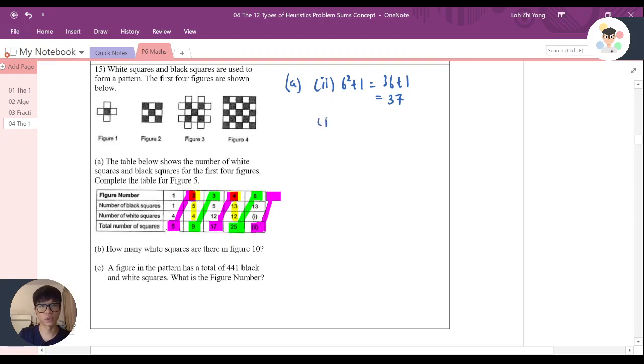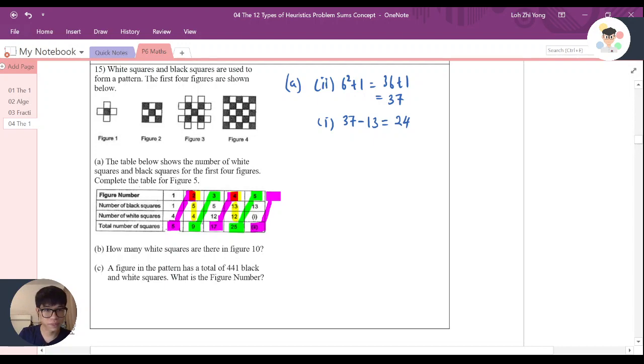And of course, if we know 37, then 37 minus 13 is actually equal to 24. And that is actually the answer for the first question. Okay. So we are done. And let's try to move on to the next one.